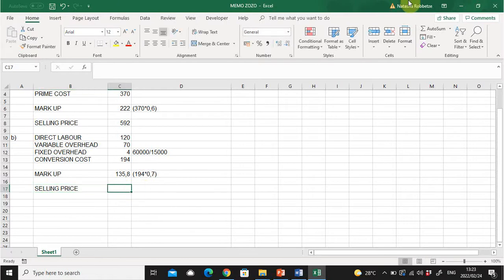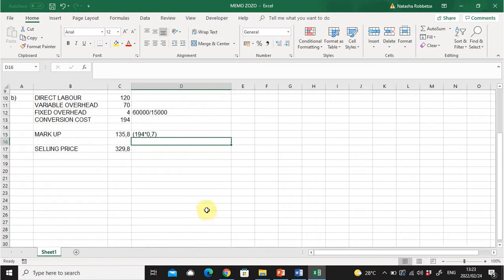And the selling price will be these added together, the conversion cost total plus the markup. Right, so this means that in terms of the markup as based on the conversion cost, our selling price will be 329 Rand and 80 cents.